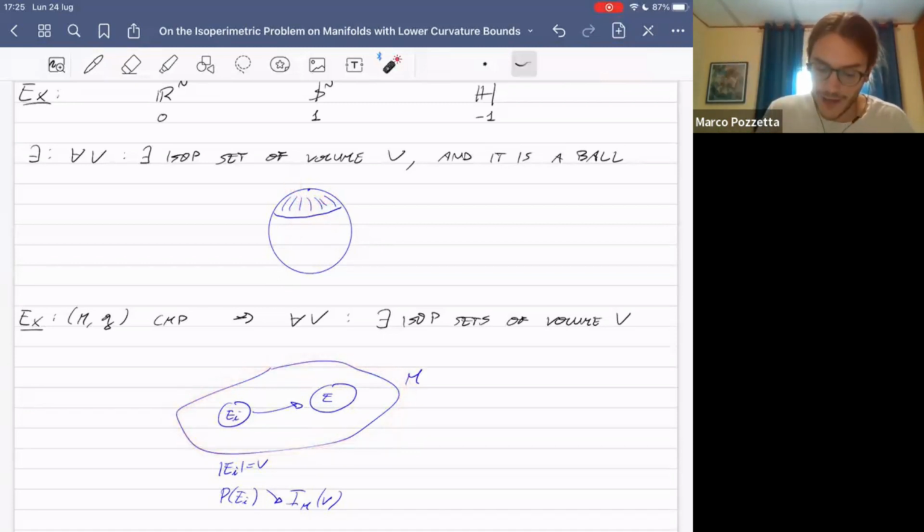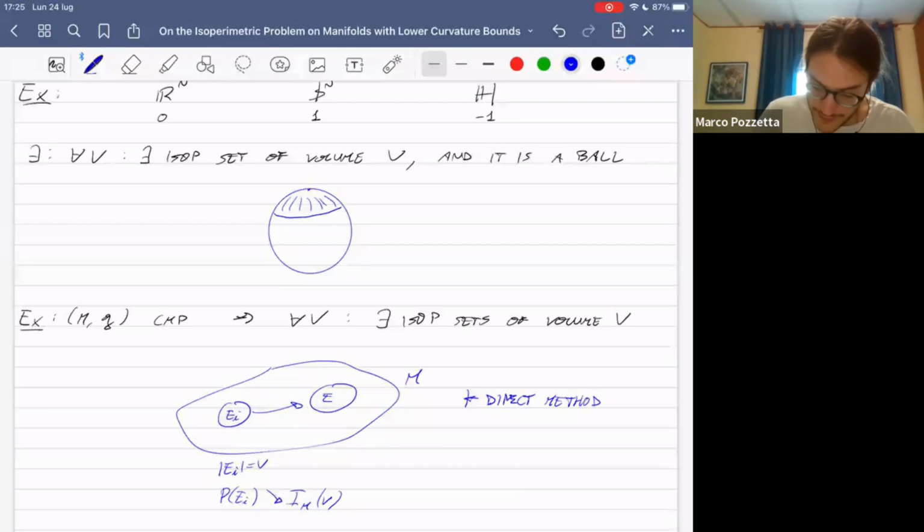But for sure you have L1 convergence, so the volume of E is going to be V, and you have lower semi-continuity of the perimeter, so the perimeter of E is going to be equal to the profile at that volume V. So E is going to be isoperimetric just by applying the direct method. Direct method means exactly the following: to take a minimizing sequence and see what happens, see if you are able to prove that it converges to a minimizer.